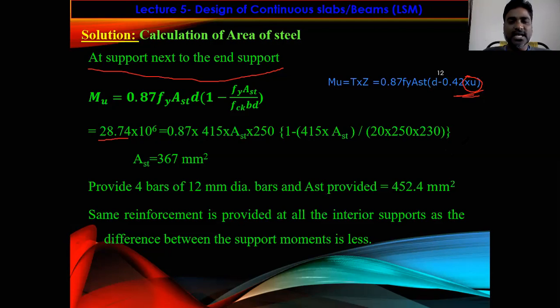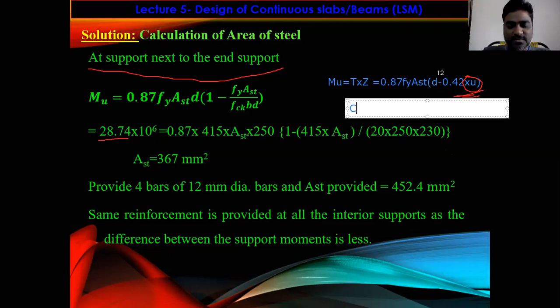How to determine the actual depth of neutral axis? The actual depth of neutral axis can be determined by equating compression force to tension force.